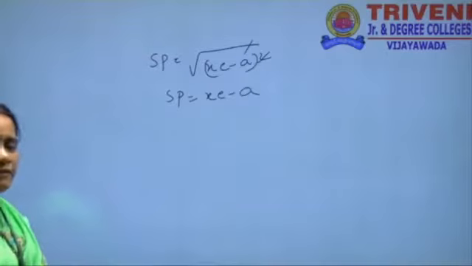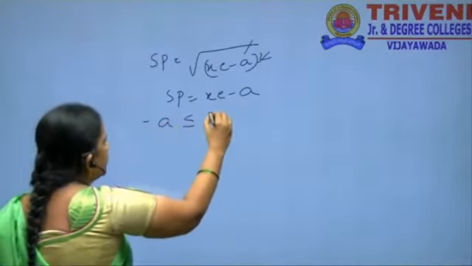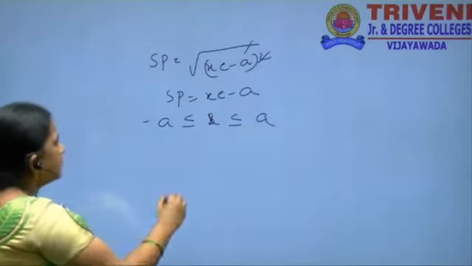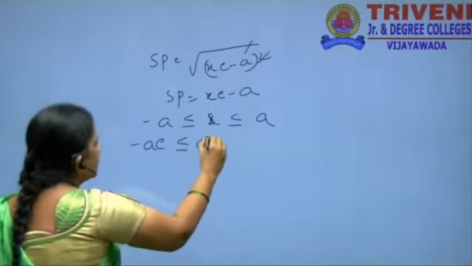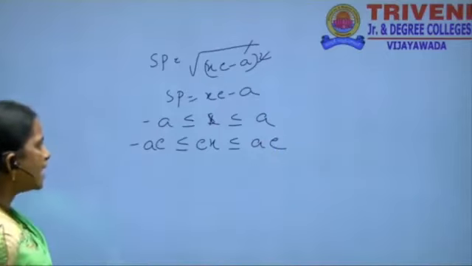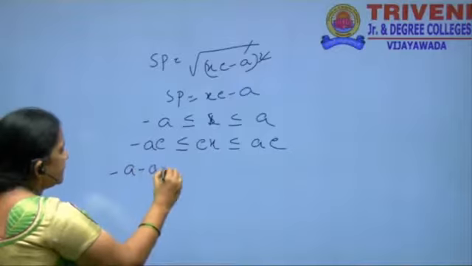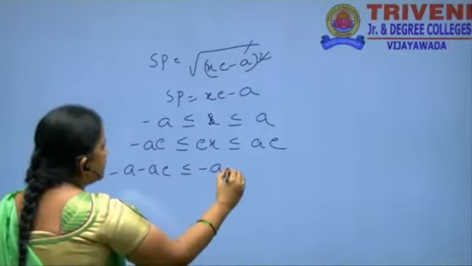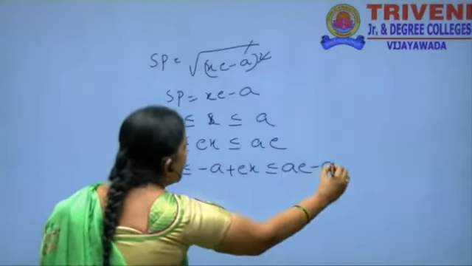SP values have to lie between minus a and a, that is, minus a less than or equal to x less than or equal to a. Then we multiply with e: minus ae less than or equal to ex less than or equal to ae. Then we subtract a: minus a minus ae less than or equal to minus a plus ex less than or equal to ae minus a.